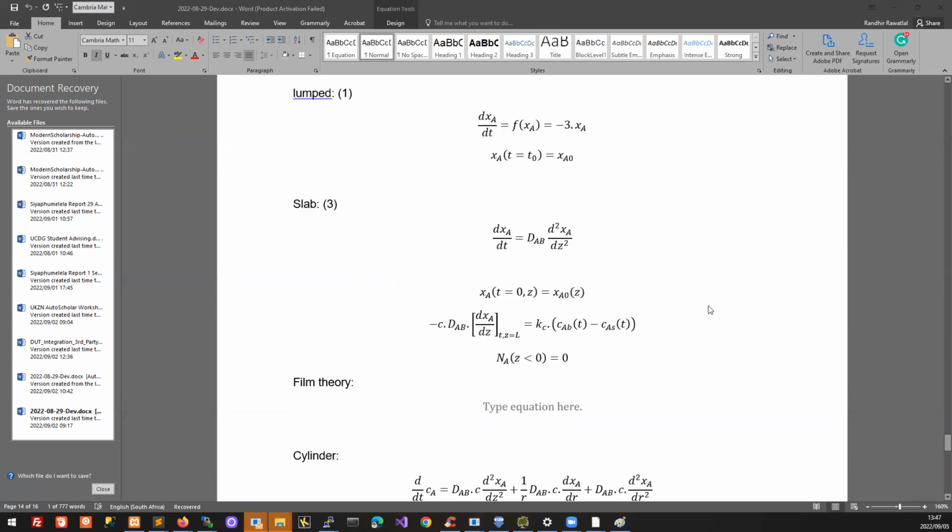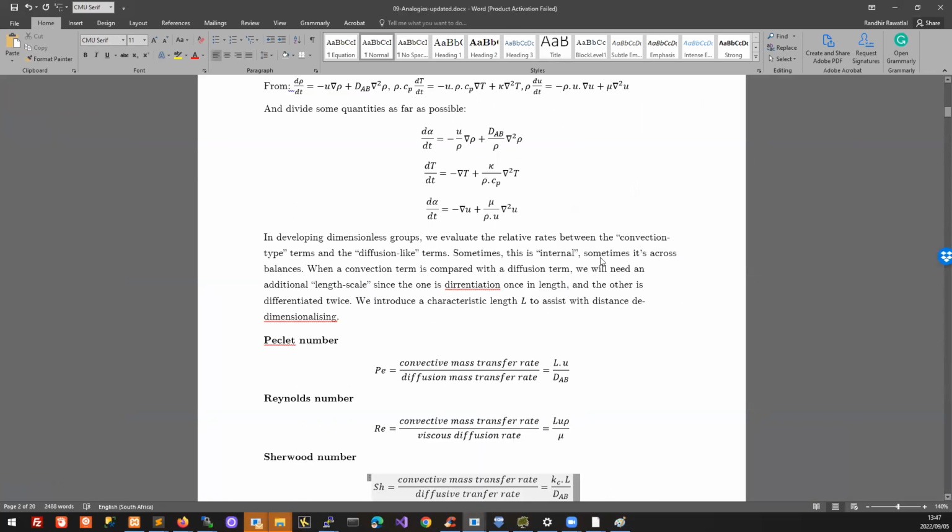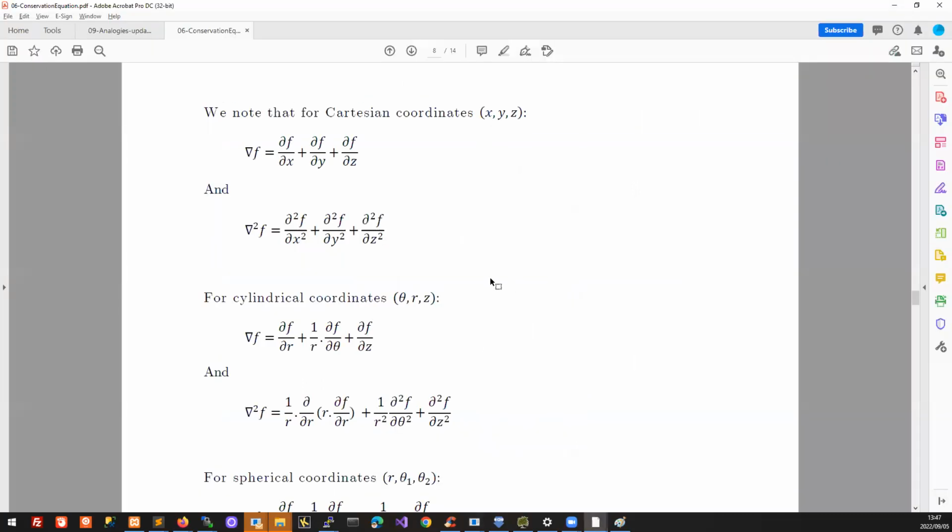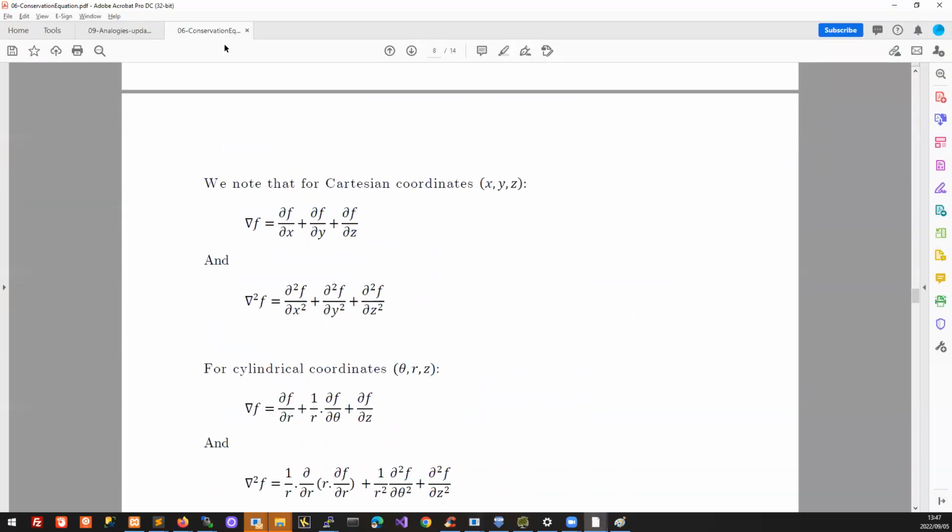But you see, going back here to the conservation equation, what we can do is define an operator. So the del of a function in Cartesian coordinates looks like this. In rectangular coordinates, that's how it's defined. And then the del squared is defined like this.